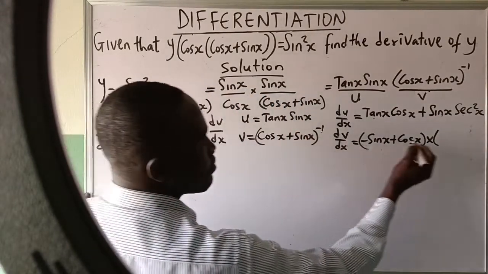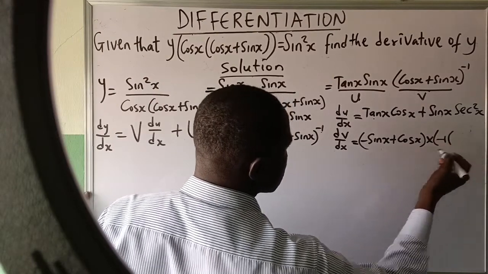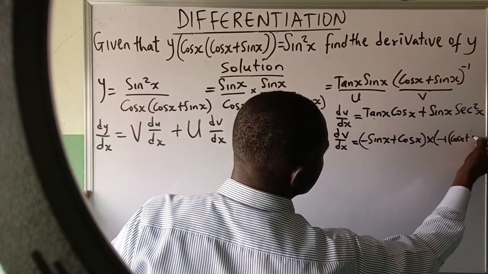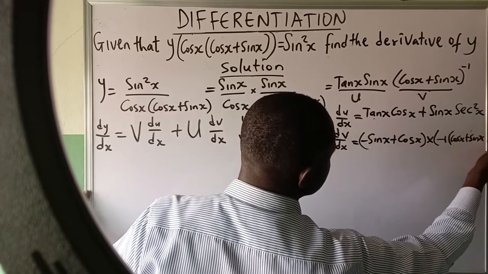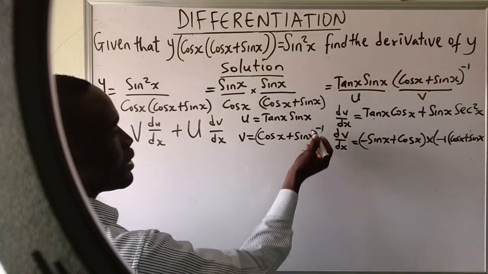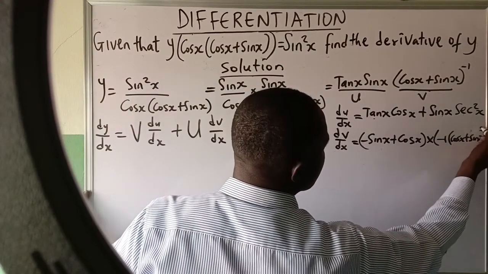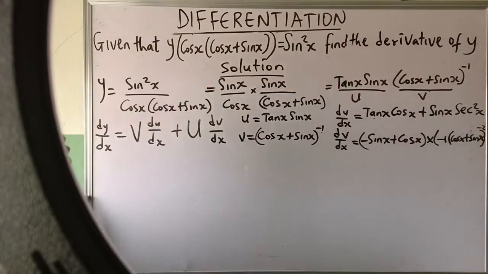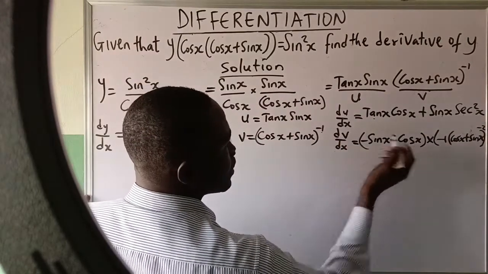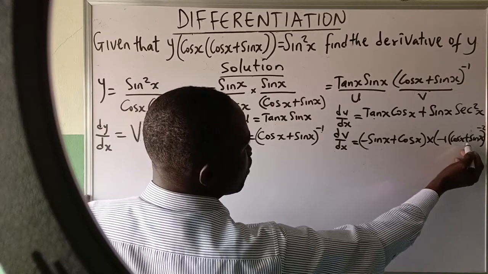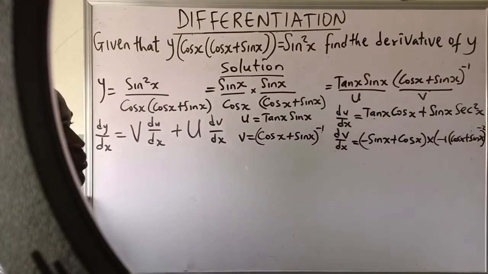carry this power, bring it, then write everything, cos x plus sine x, then carry the power, minus 1 will give you minus 2. So that means you will have minus 1 (cos x plus sine x) raised to the power minus 2.